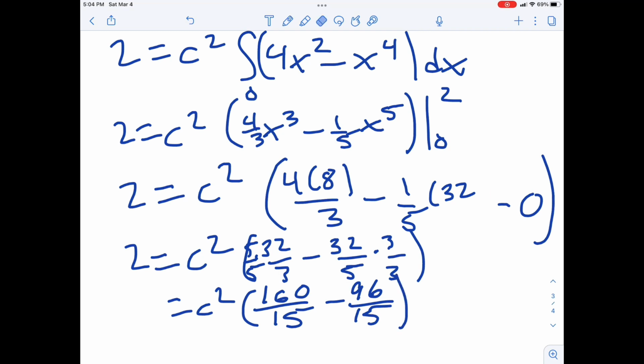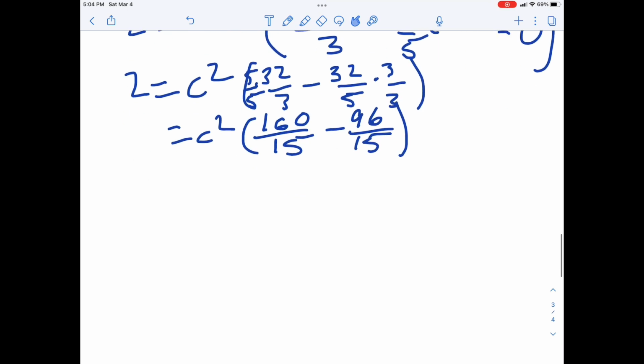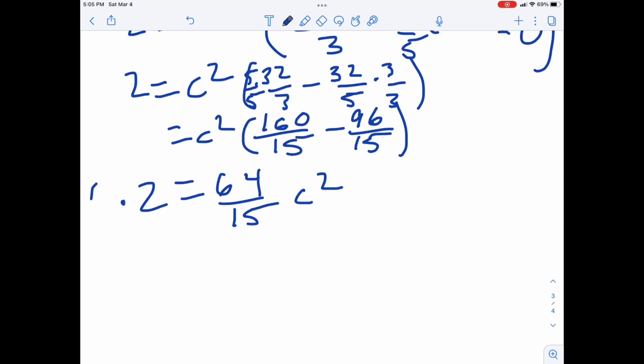And 160 minus 96 is just 64/15 times c squared, and this equals 2. So now I'm going to do my last step, which is multiply this over, so times 15 over 64 on both sides.